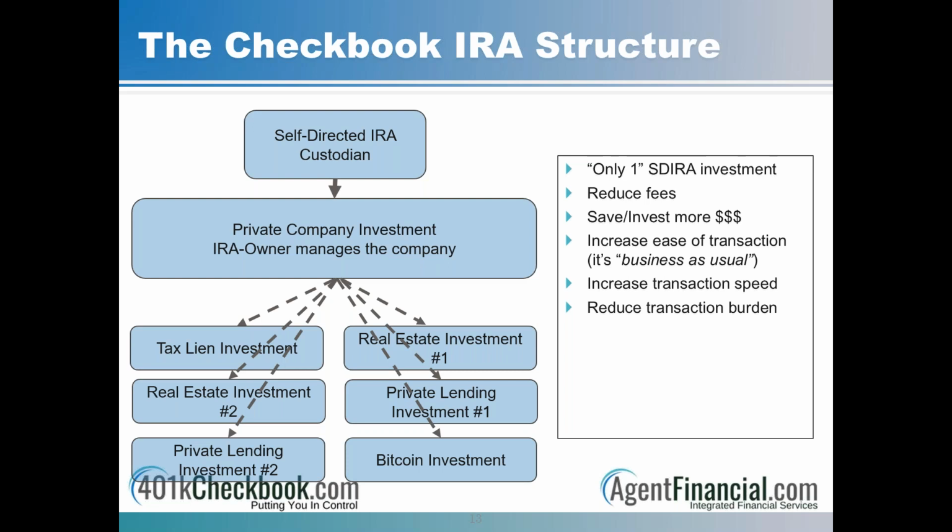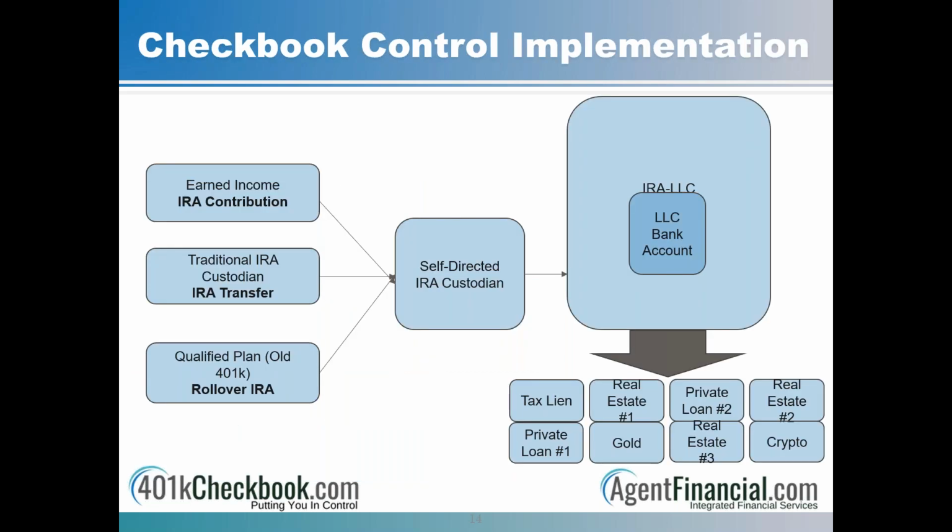So now that we've got a solid overview of how this works, let's see the anatomy of transacting and the flow of cash. So when we implement these, there are a couple of pieces that have to fall into place.